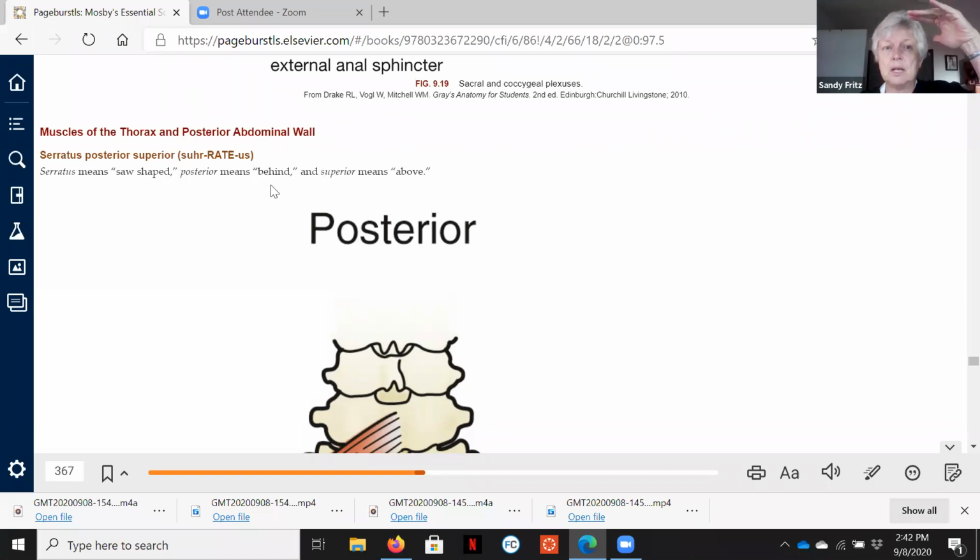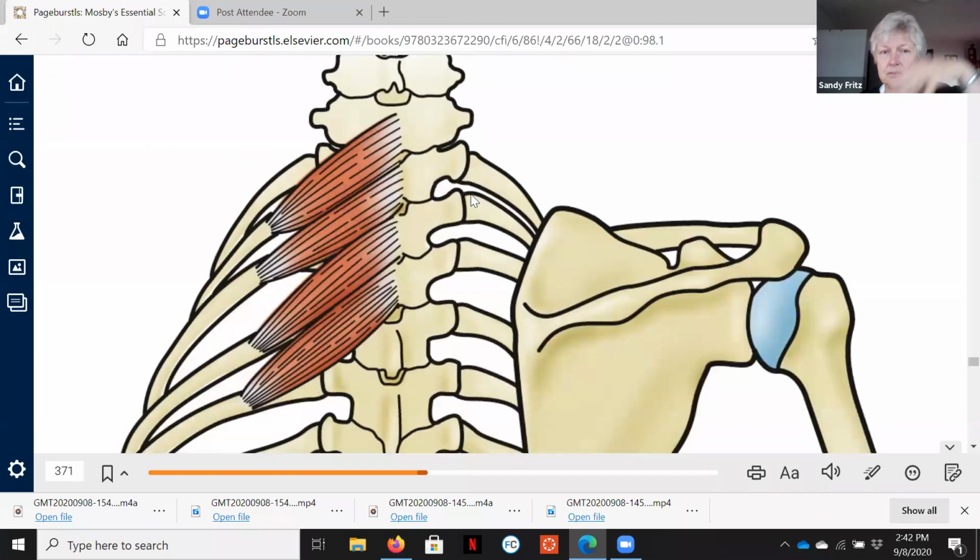And there is a posterior aspect of this muscle. Then you look at the drawings, and this gives you a schematic idea of its attachment, which is along the spinous processes. And then that's your proximal attachment, and then your distal attachment for this is over on the ribs.